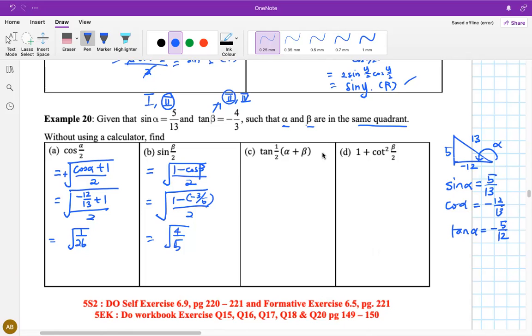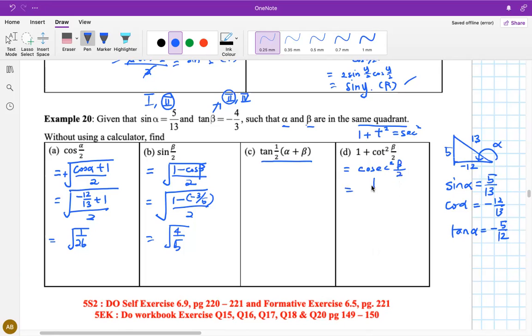So how to solve? Okay, maybe I will go to D first: 1 plus cotangent beta over 2. So we can use the identity. 1 plus cotangent square beta over 2 is, like 1 plus tangent square is secant square, 1 plus cotangent square is cosecant square of beta over 2.